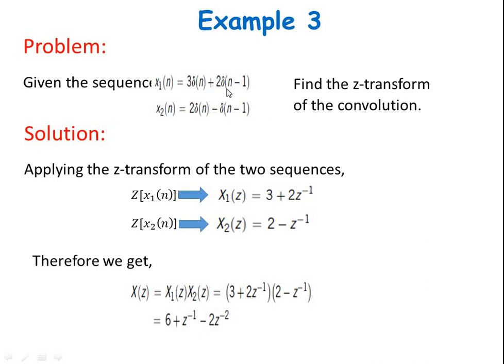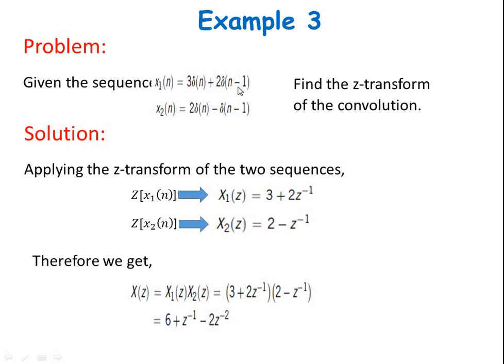But we have the Z transform only for del of n, and here we have del of n minus 1. So we can use only the properties for solving such terms. Here instead of del of n we have some shift added to n, so for this one we can go only with the properties of Z transform.